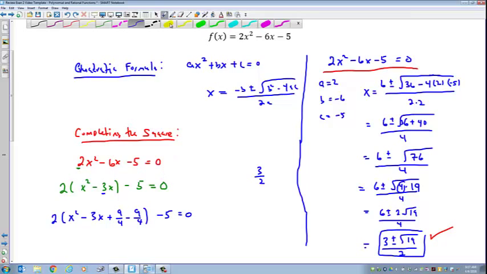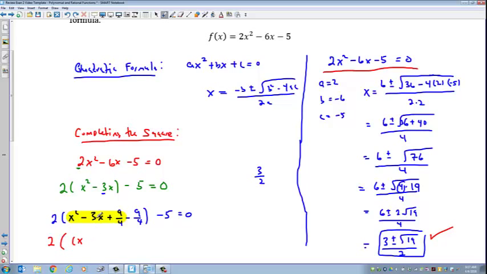And again, this will have this nice property right here of being able to write this as what? As 2 times x, and it's going to be minus, because there's a minus sign there, minus 3 over 2, quantity squared, minus 9/4, and then all minus 5 and equal to 0.